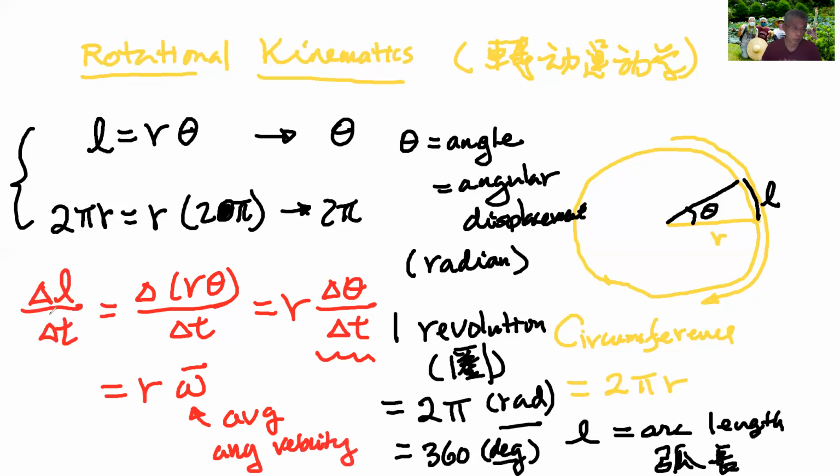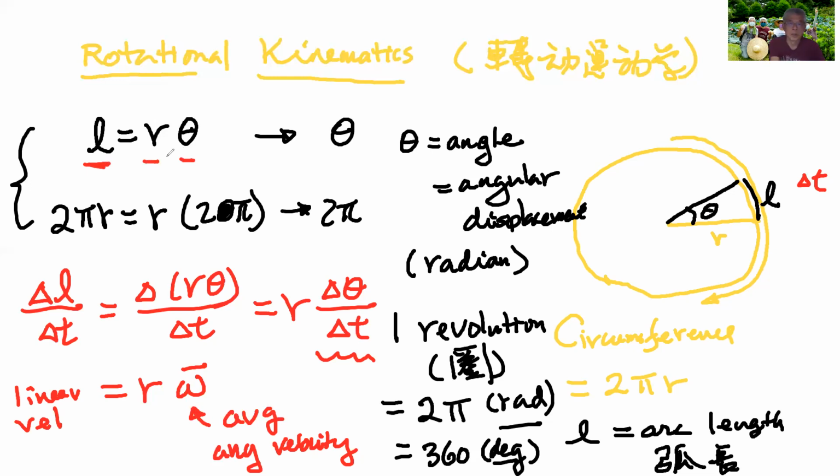So delta L over delta T is how much you travel in the delta T time. In the UCM, this is the linear speed or the linear velocity. So this linear velocity is equal to R times the angular velocity, just like the arc is R times theta.